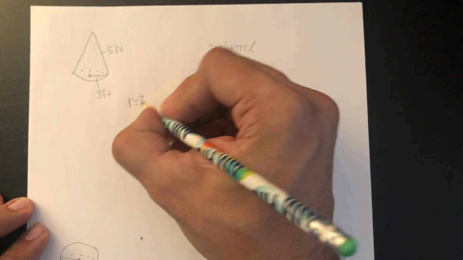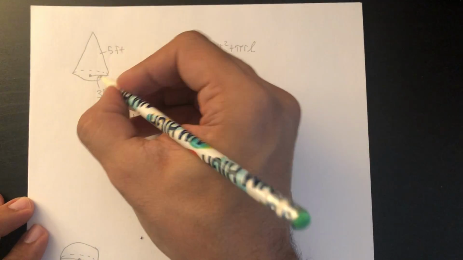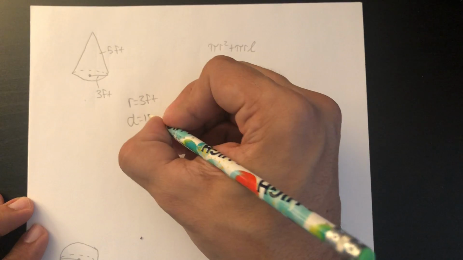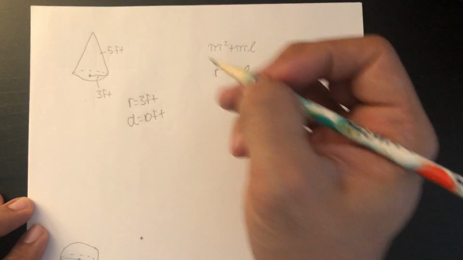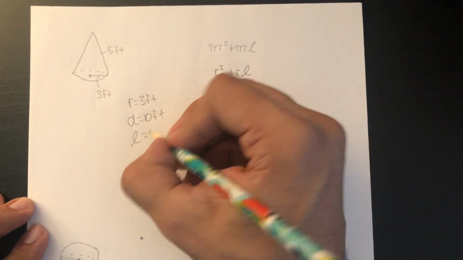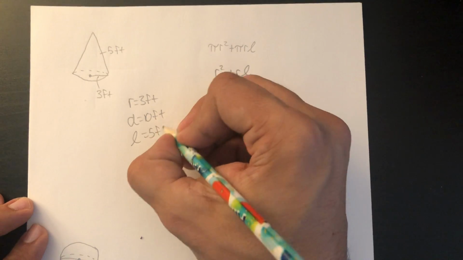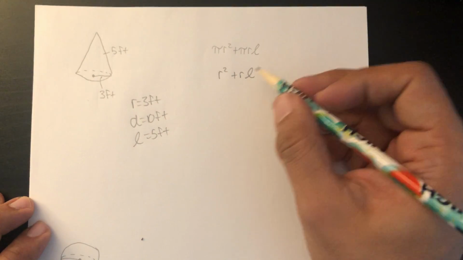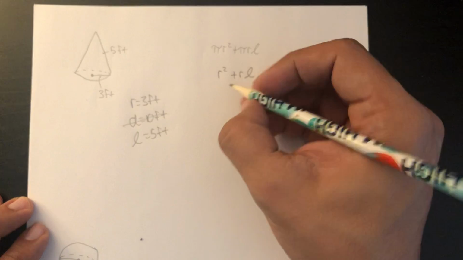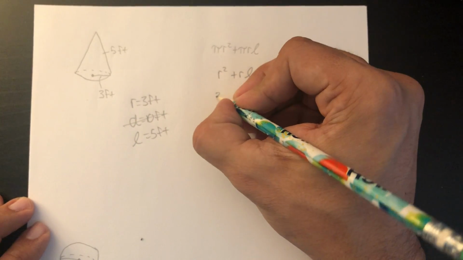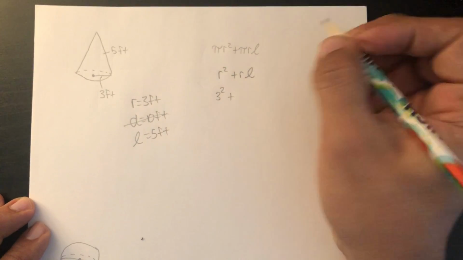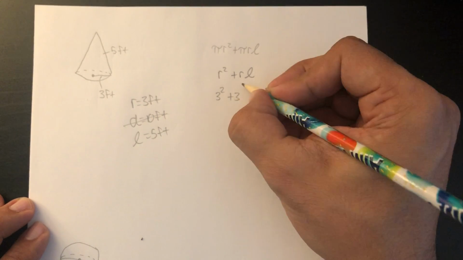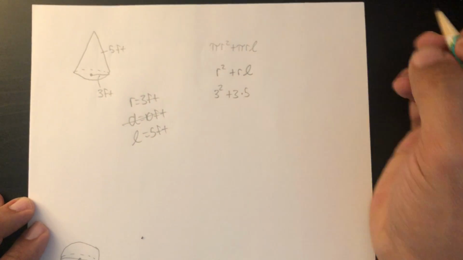R equals 3 feet. Okay, diameter, which is the whole thing, is going to have to be 10 feet. And slant height is 5 feet. The formula doesn't even need diameter, so I'm just going to ignore that. We just need 3, so 3 times itself. And the other one is 3 and 5.